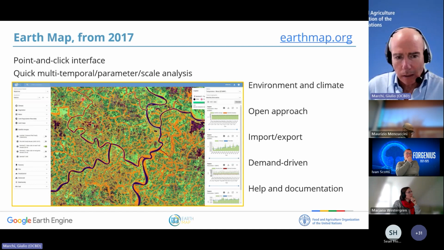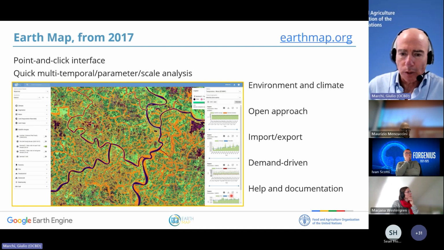We all like images, but at the end of the day, what we need most of the time are statistics for the various environmental or climatic parameters. So once the user clicks on a polygon in the central image, he can actually derive temporal statistics for that specified polygon.